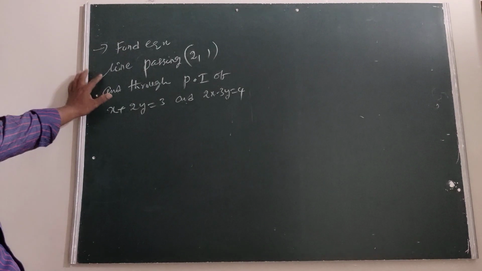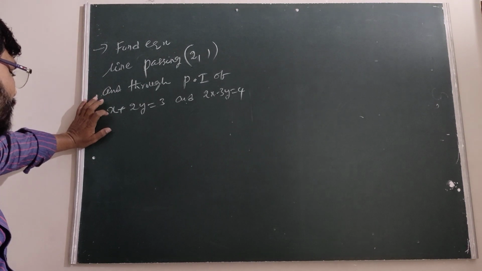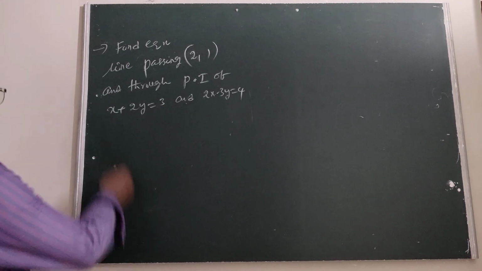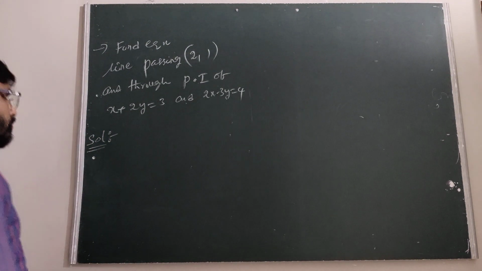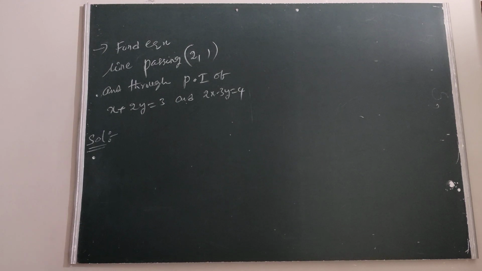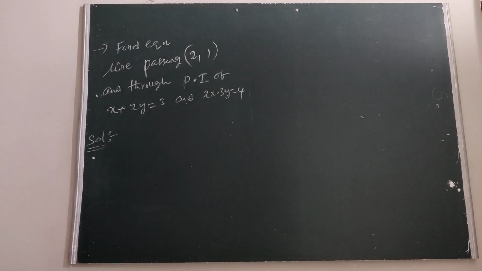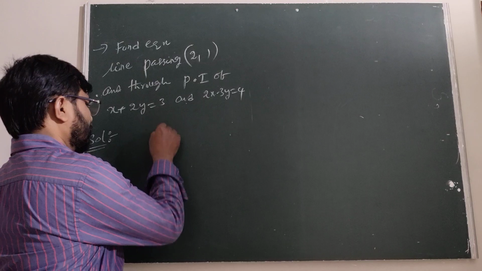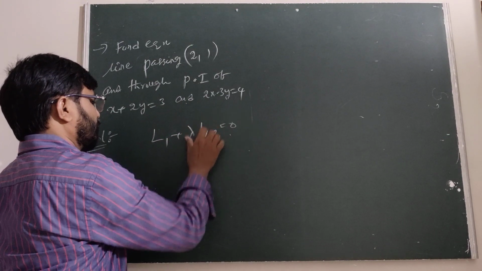Find the equation of the line passing through the point of intersection of x plus 2y equal to 3 and 2x minus 3y equal to 4. Therefore, here we have to know that the equation of the line passing through the point of intersection of L1 equal to 0 and L2 equal to 0 is, that means the required line is L1 plus lambda L2 equal to 0.